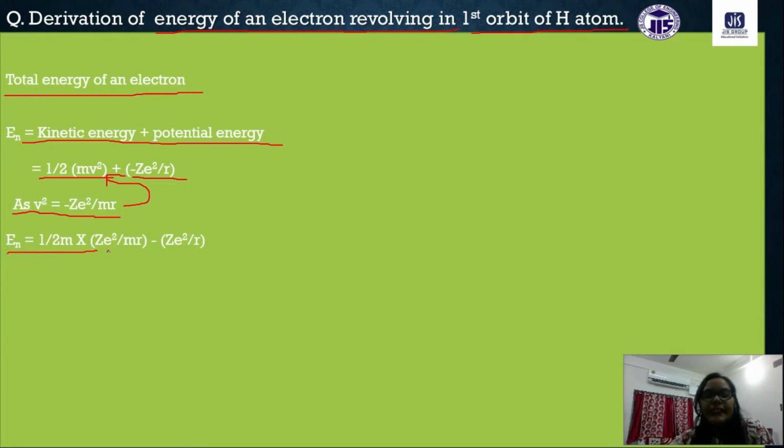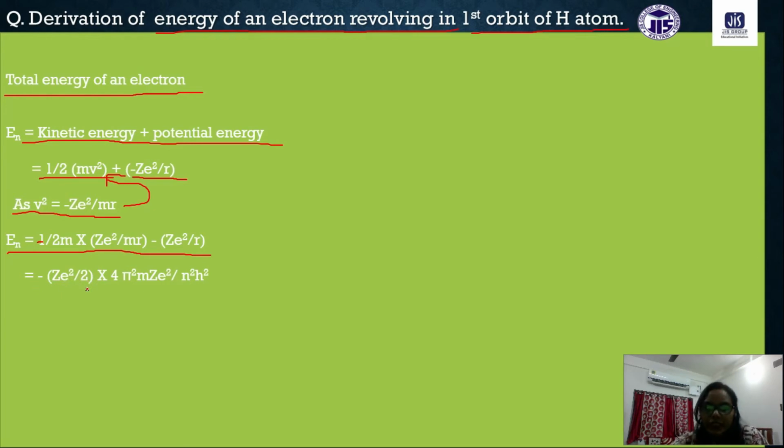That means En equals what? Half m into z square by mr, minus z square by r. Yes, now what will we get?